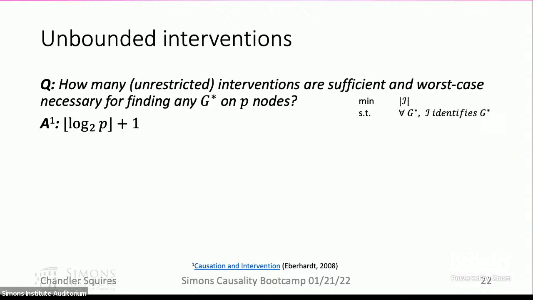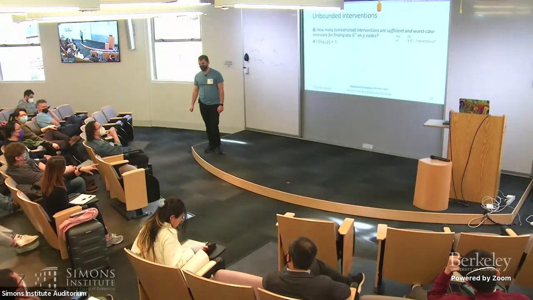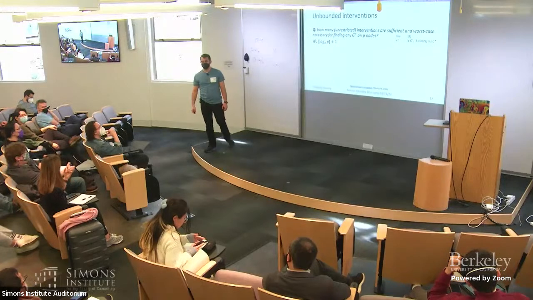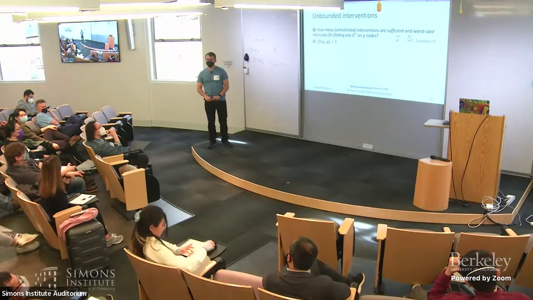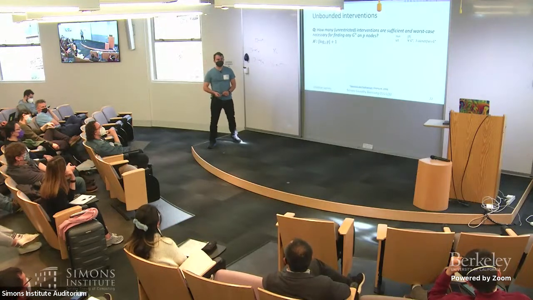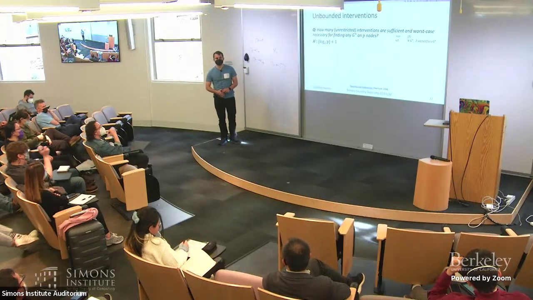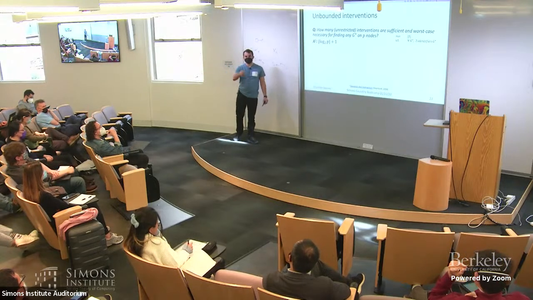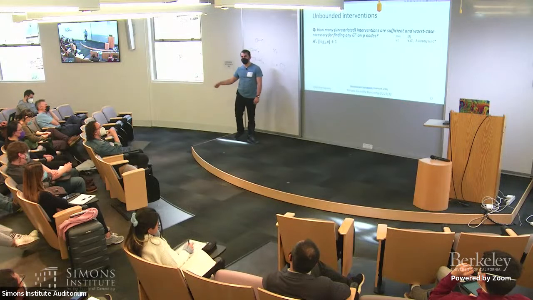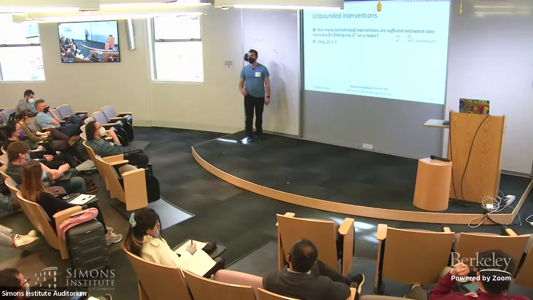Clarify, what is the difference between intervening on every single variable separately versus defining one umbrella intervention that changes the values of multiple variables? Yeah, that's a good point. The question was, what's the difference between doing P interventions where in each intervention I only intervene on one variable, and doing one intervention where I intervene on P variables?